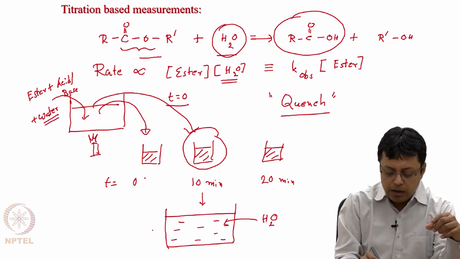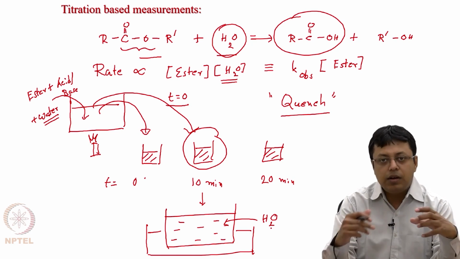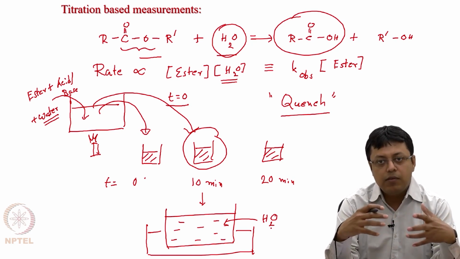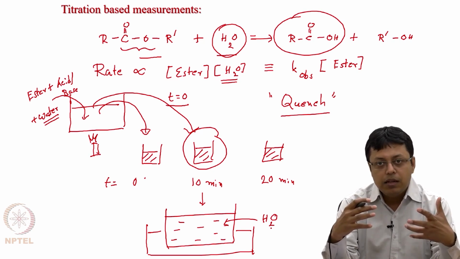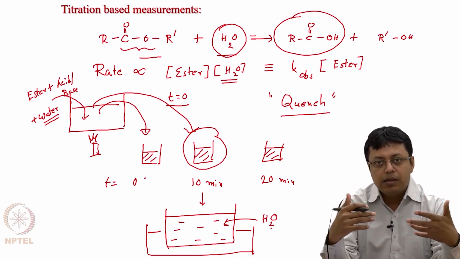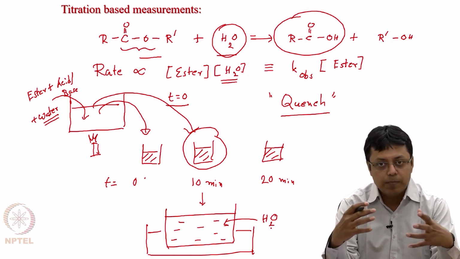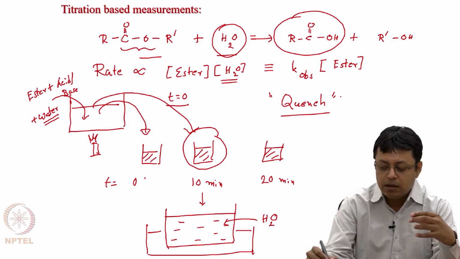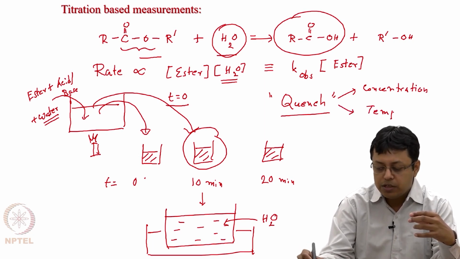Also, you keep this in an ice bath so that the temperature goes down, and as you know every reaction needs an activation energy. If I lower the temperature, there will be less probability of crossing the activation barrier, so the kinetics will be much slower. So in general, you do two types of quenching here. One is concentration quenching, because you diluted the reaction mixture, and secondly you also did a temperature quenching.